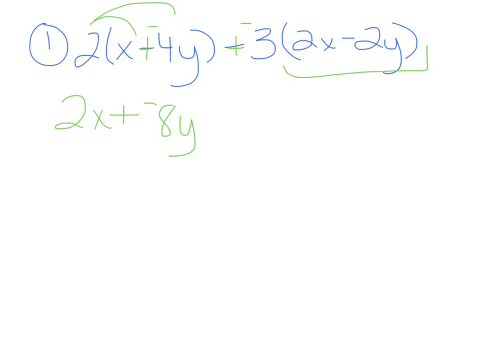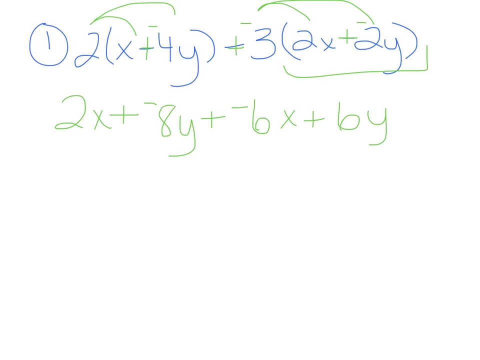So I would suggest changing that minus sign to a plus, the opposite. Okay, so that means that I have now plus negative 3 times 2x gives me negative 6x. And then remember, this is a plus a negative 2y. So negative 3 times negative 2y gives me plus 6y.